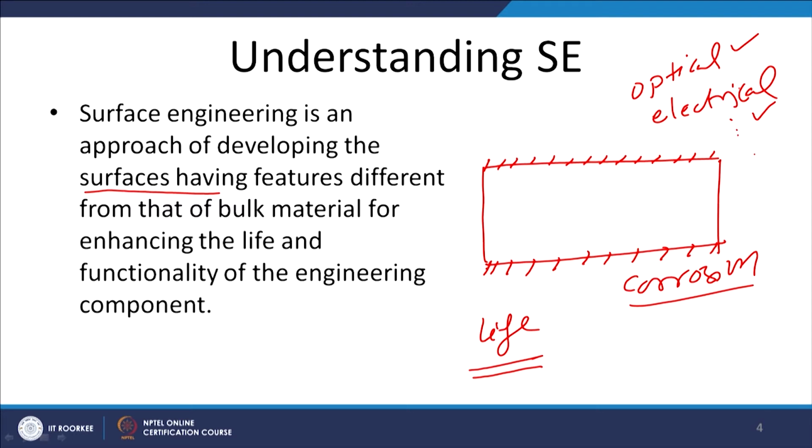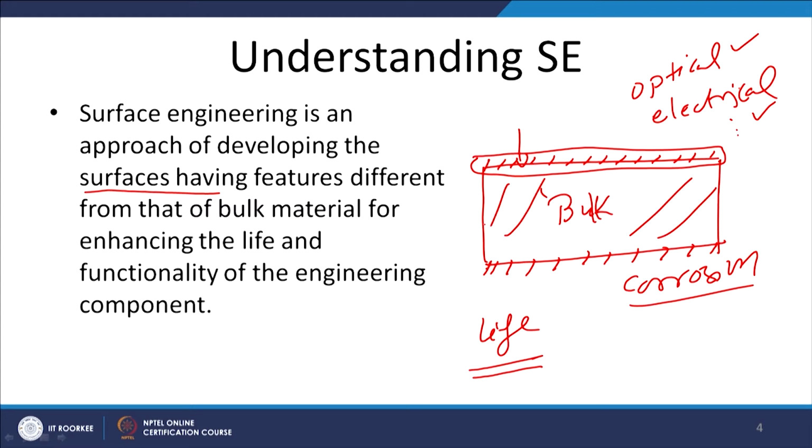And in all these cases, whatever engineering is done at the surface, we try to develop properties which are different from the bulk material properties. So, this is the bulk material, and whatever properties we are trying to develop at the surface are different.